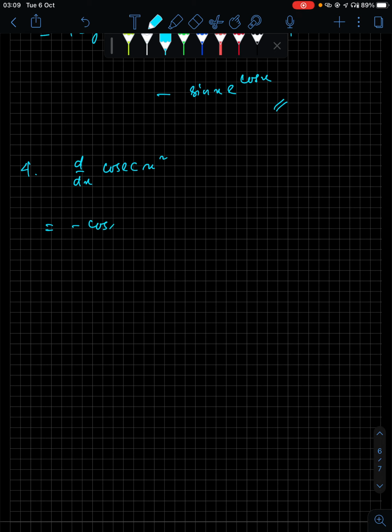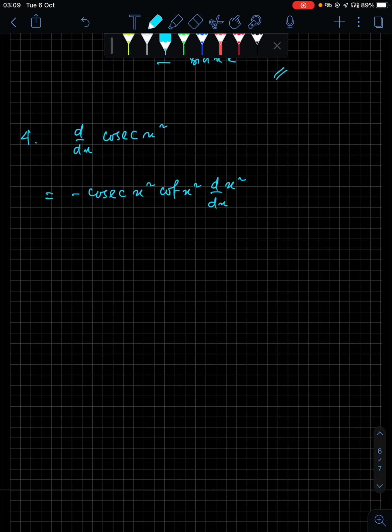So d/dx of x square will get you 2x, so I'm writing that in the beginning. Then cosec x square, right, and cot x square, because minus cosec u cot u was the formula. So this is your answer.